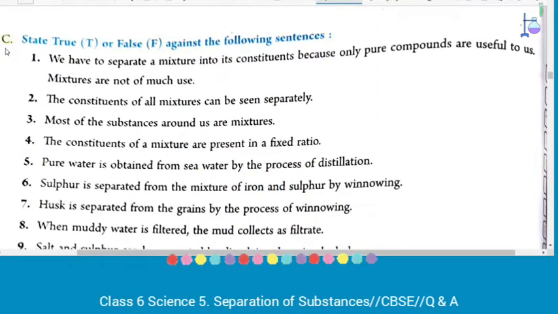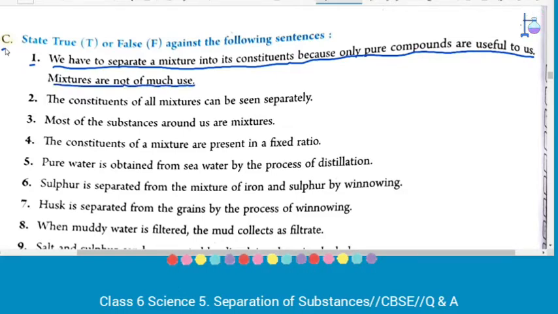Section C, state true or false against the following sentences. First one, we have to separate a mixture into its constituents because only pure compounds are useful to us. Mixtures are not of much use. So this one is false. Second one, the constituents of all mixtures can be seen separately.